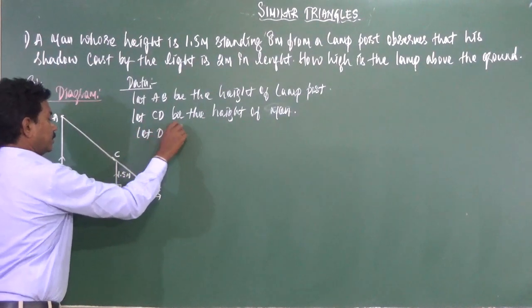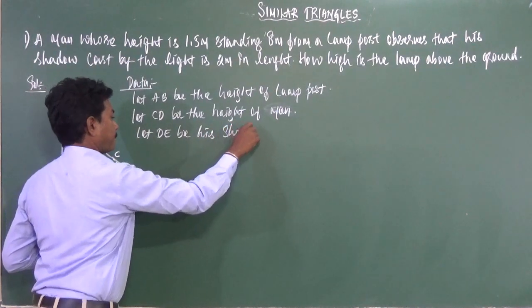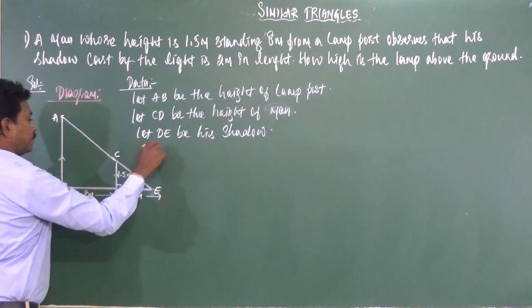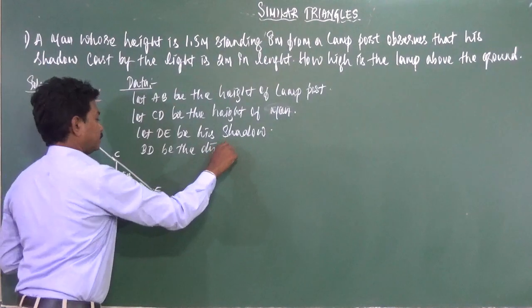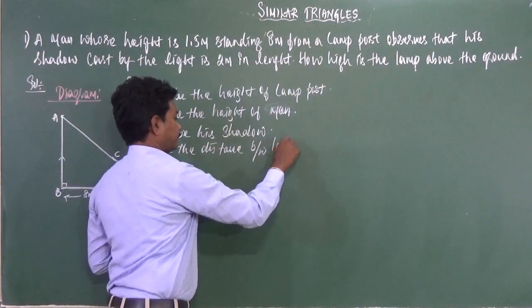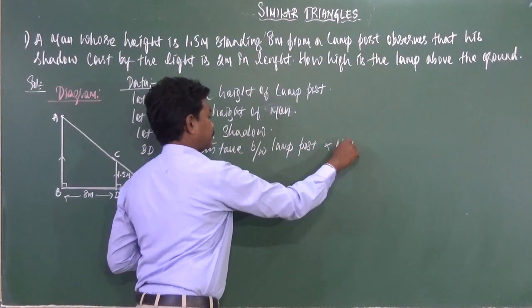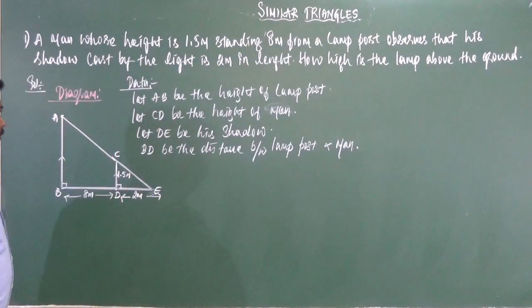Right. Let BD be the distance between the lamppost and man. So this is the description of the diagram.